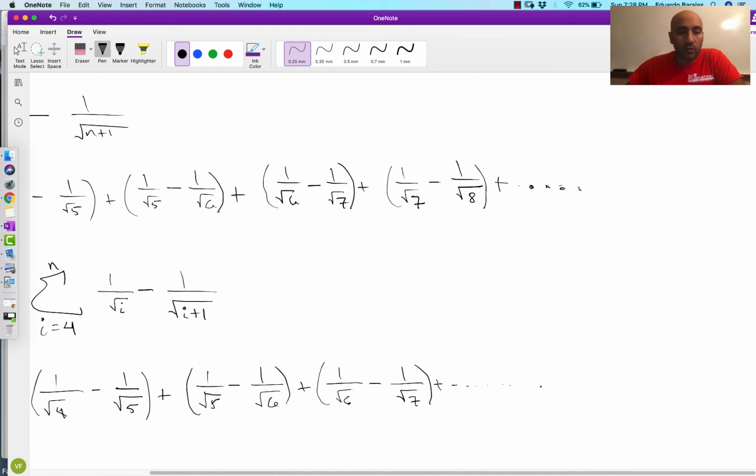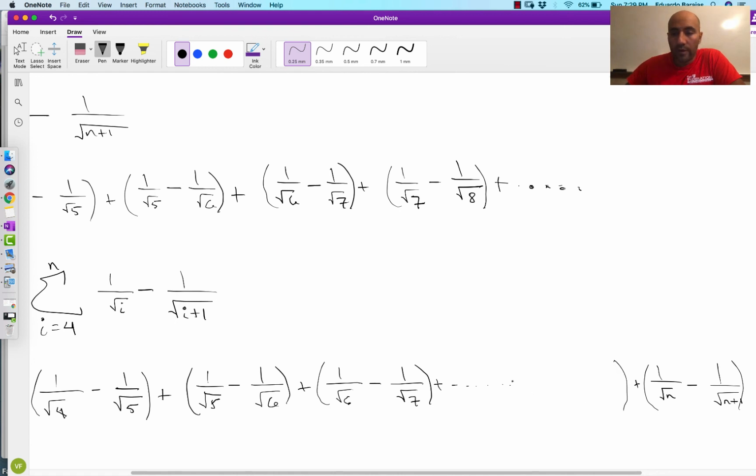And then the last one is when i is replaced with an n, way, way out here. We have 1 over root n minus 1 over root n plus 1. And the one that came right before it was when we had n minus 1.